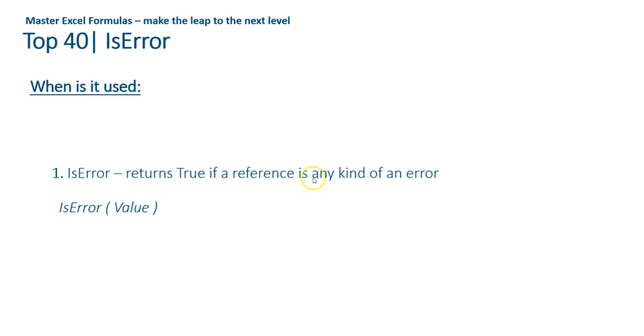That's why the explanation here specifies any kind of error. The structure of the formula is that all we need to do is put the value, like the specified cell, within the brackets.